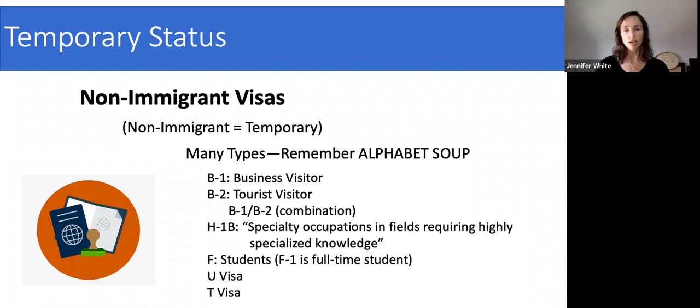The U visa is for victims of certain crimes who help law enforcement investigate or prosecute crime. There's an interesting policy explanation for the U visa. Basically, in the early 2000s, Congress recognized that a lot of immigrants were hesitant to report crimes against them to law enforcement because they thought that doing so could lead to deportation.